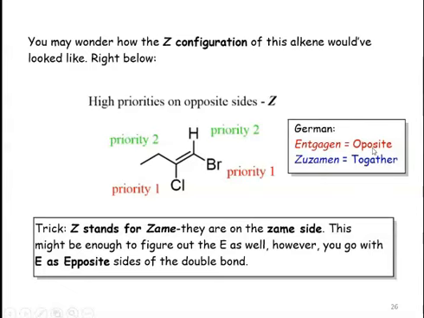Entgegen means opposite. Zusammen means together.